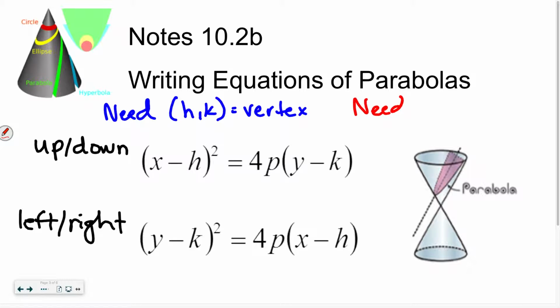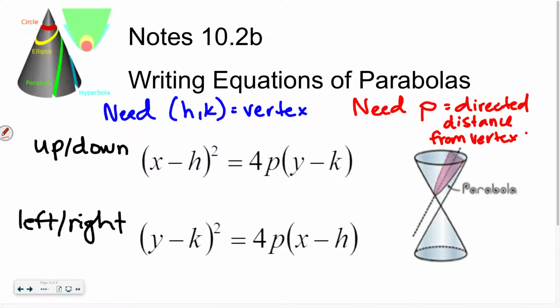Can anybody describe what p is? The distance from the vertex to the focus. And I'm going to say directed distance, from vertex to focus.